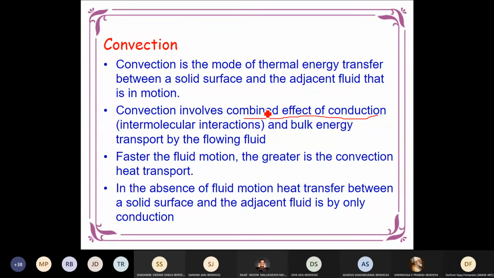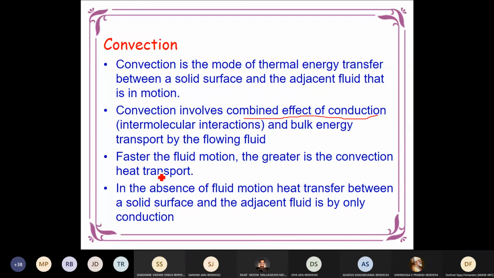So if you are increasing the flow rate, that means the mass of the fluid is increased. So more mass means more energy can be stored in the fluid, so it can increase the heat transfer.